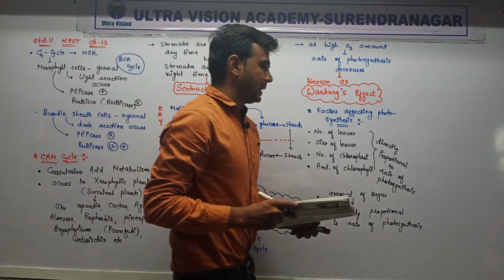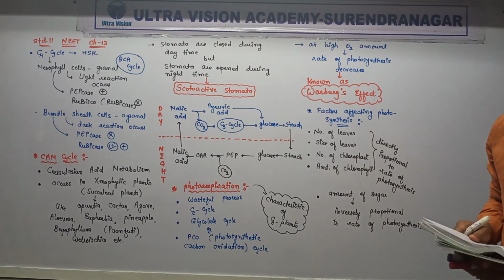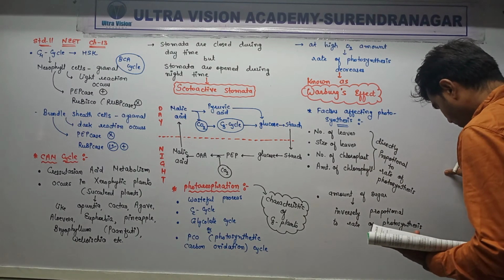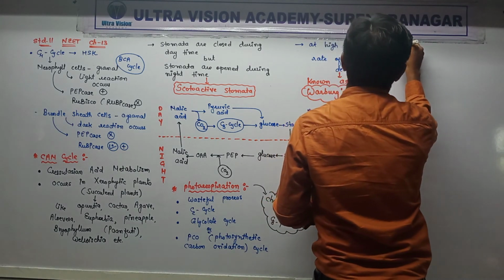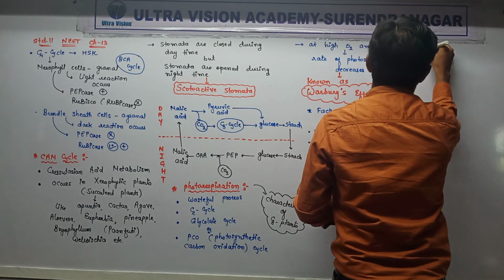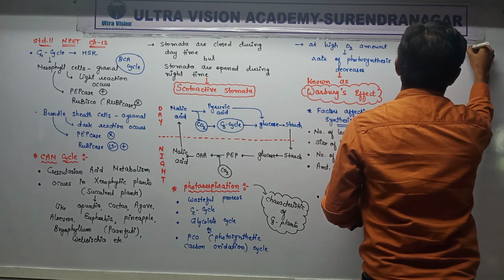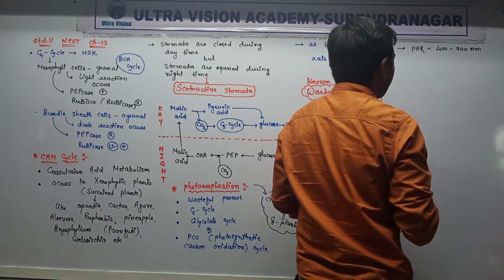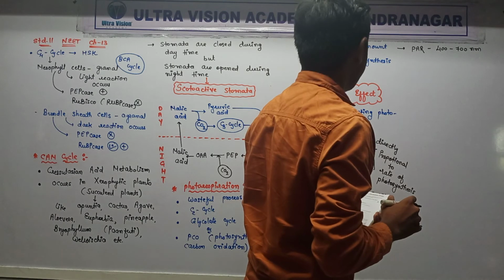Now Blackman's law of limiting factors for photosynthesis. As you know, PAR, photosynthetically active radiation, is 400 to 700 nanometer. So here VIBGYOR is located. Fine.